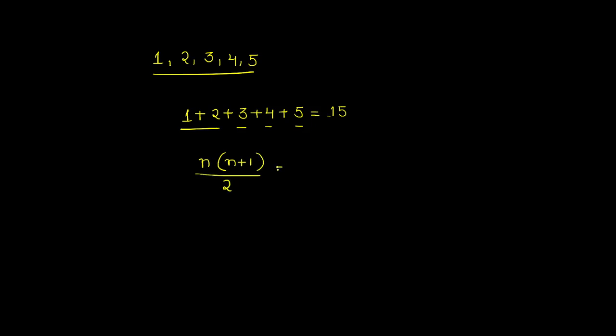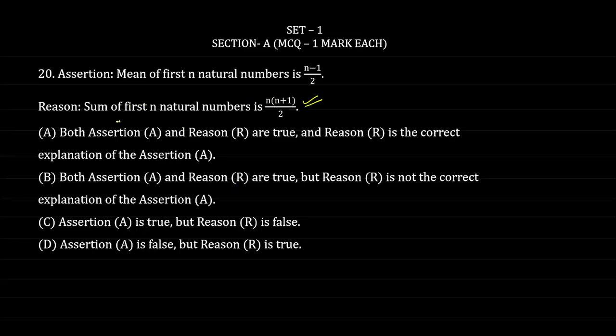How many numbers have we taken? 5. n plus 1 means 5 plus 1, that is 6, divided by 2. So 2 3s are 6, 5 3s are 15. So yes, the sum of first n natural numbers is always given by this formula. That is absolutely correct. Now see here, the reason is correct. Reason being correct means this option can be directly eliminated.